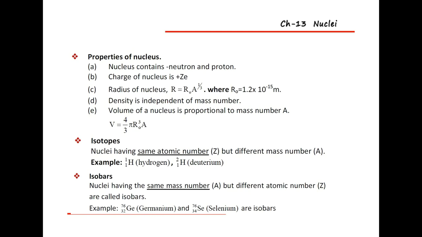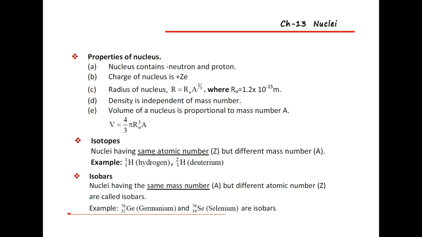Here the atomic number Z is the same, but the mass number A is different. For hydrogen it is 1, and for deuterium it is 2. So they have different A number but the same Z number.